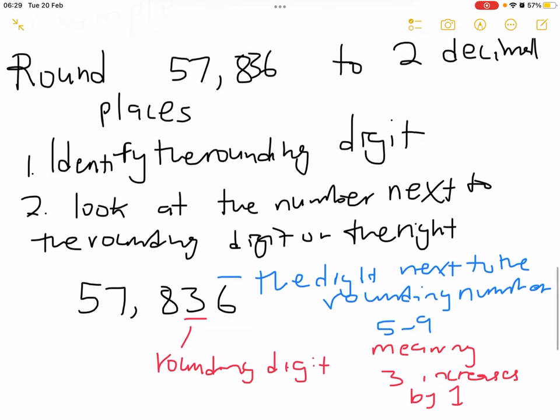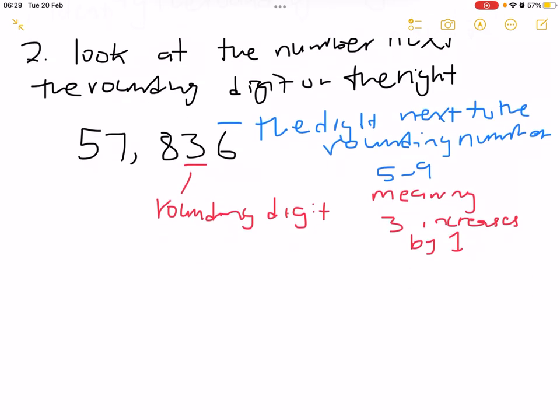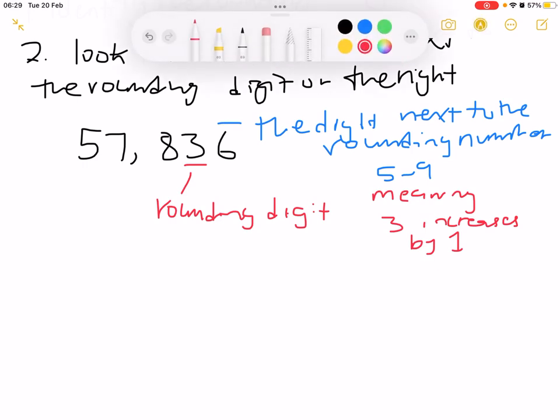Now, therefore, rounding off to the two decimal places would therefore be changing that 3 into a 4, and therefore the correct answer would be, this is approximately 57,84. Now, here's another example.